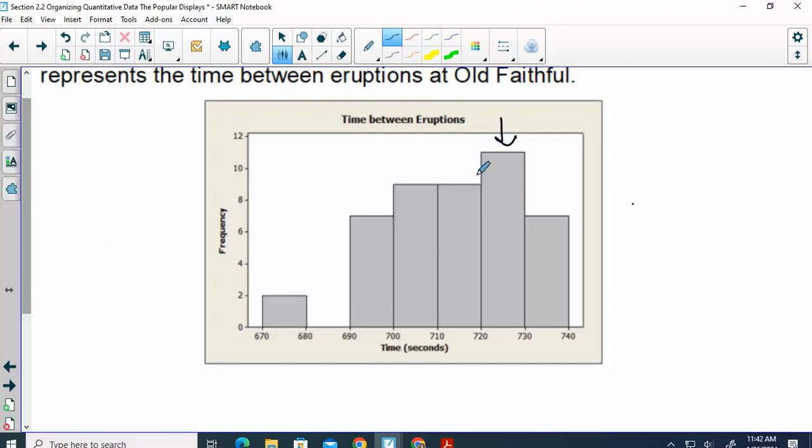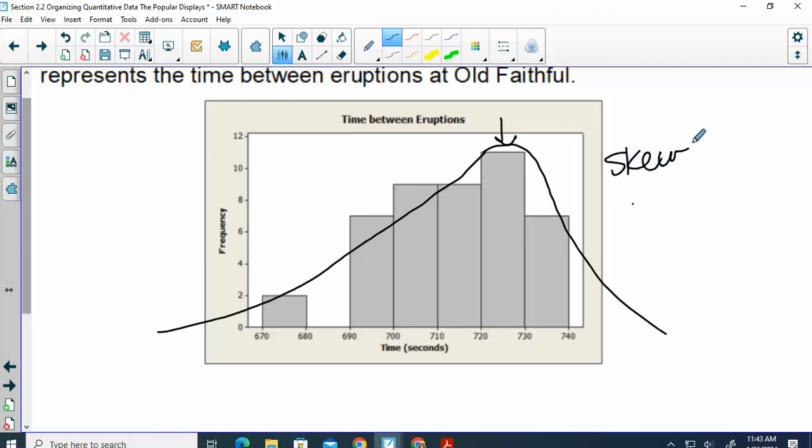So that's our peak. So if we drew a curve here, how would you describe that? Skewed left. And again, it's not always going to be clearly one or the other, so you're just using your best judgment. Is that okay? All right.